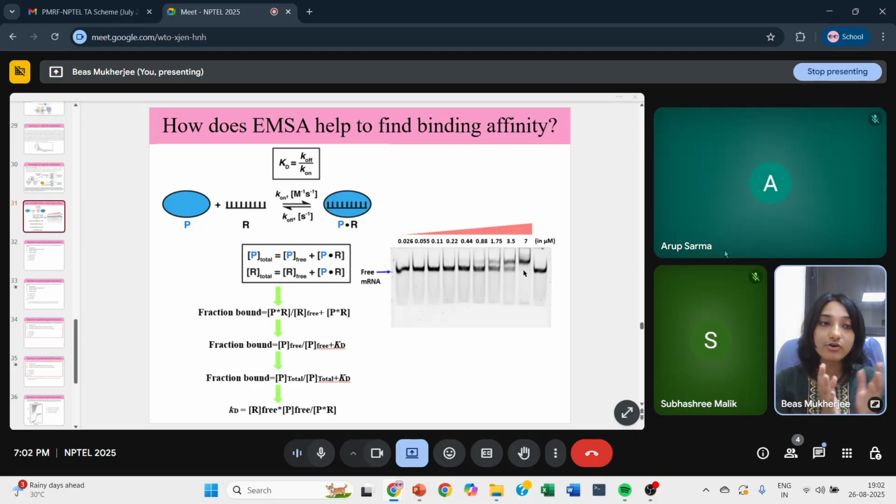So for that, the amount of bound RNA divided by the total amount of RNA, that is the bound fraction. So bound RNA divided by total RNA in lane 1 is giving me the bound fraction. So I know the bound fraction, I know total protein, that is how I can calculate the Kd.